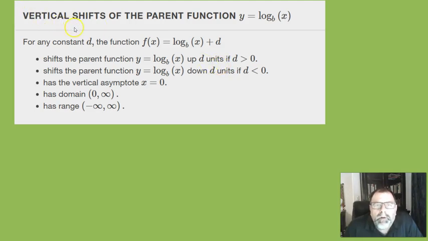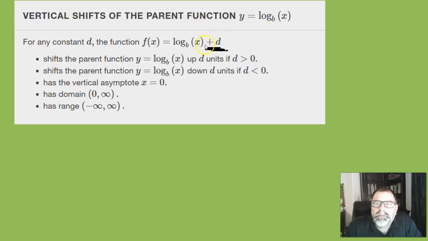Okay, so for vertical shifts, we're going to have this plus d out here, and that's going to shift it. Now, here's the input value, the x. It's inside the function. So if you think about how you would do this on a calculator, you put the input value in, then hit the log button if it was base 10, and then it'll give you a number, and then you add d.